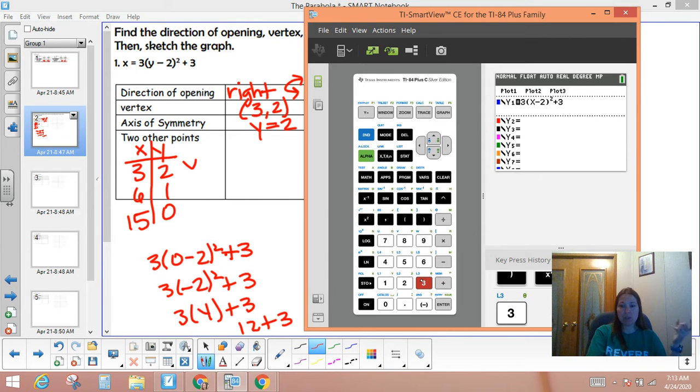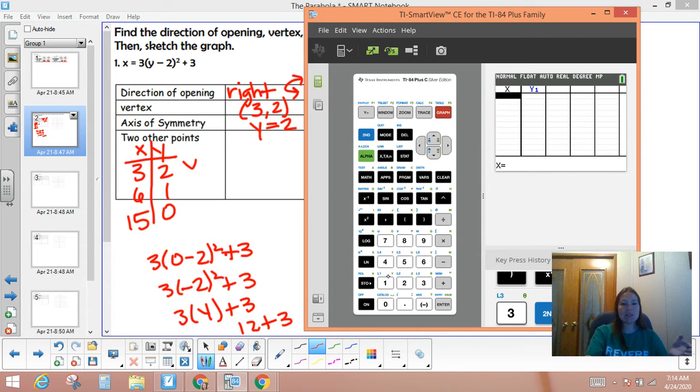It's going to give me a U that points up. But as far as my table is concerned, just keep in mind you typed it in backwards. So you're plugging in x's and getting y's in the calculator, but that's really plugging in y's and getting x's for your table. Again, doing it by hand is most of the time just as fast, and you don't have to think about all of the crazy that's happening.